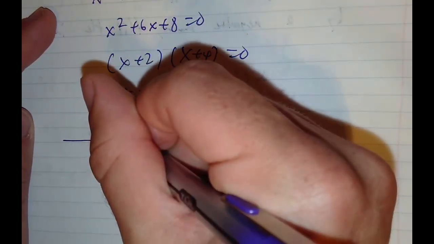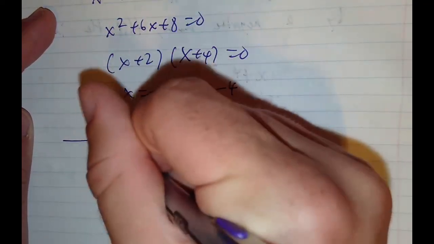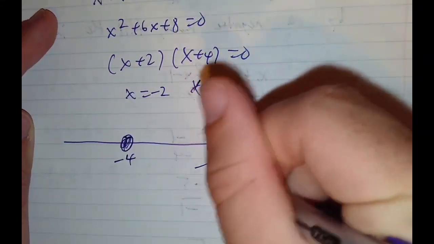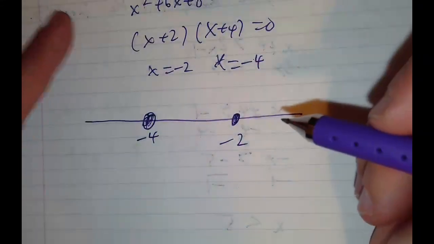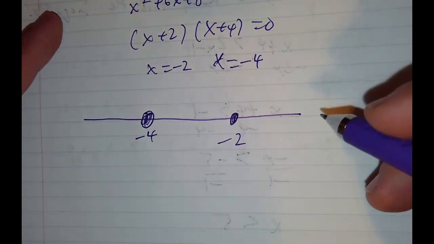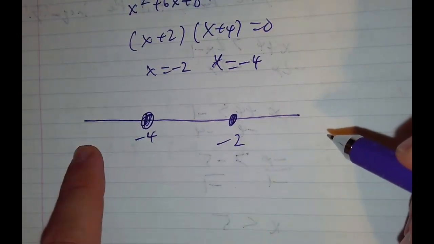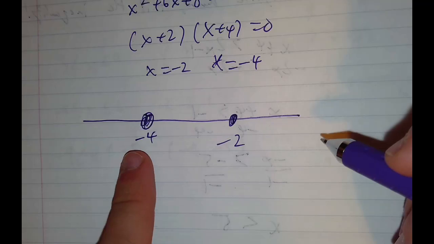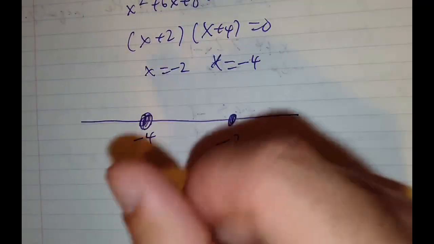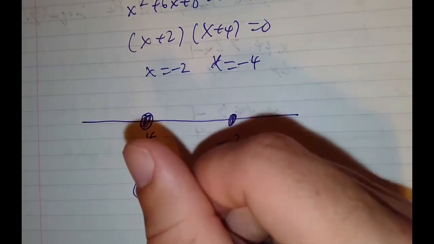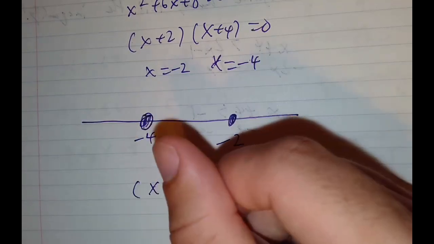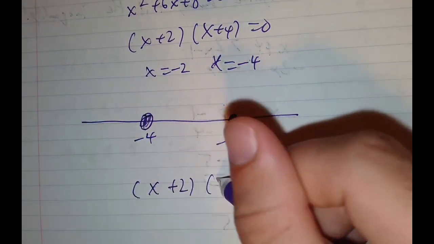We're going to have -4, and we're going to have -2. That's step 2. Step 3 is to test a point between or above each of these into our inequality. So let's go back to this, x plus 2, x plus 4.